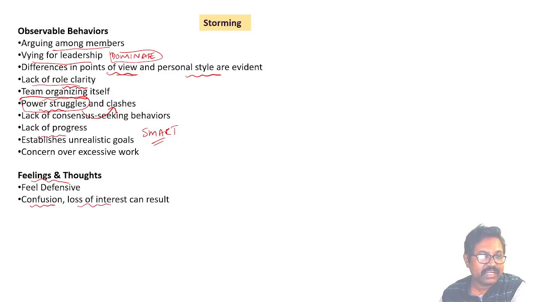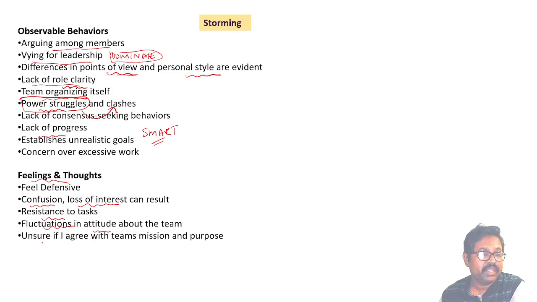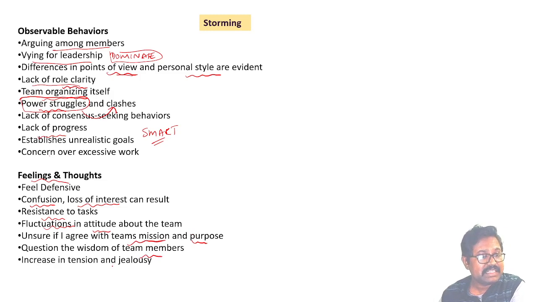There will be loss of interest, and there can be resistance towards achieving the task based on the individual's opinion, and there will be fluctuation in the mood and the attitude of the individuals within the team, and they are unsure if they agree with the team vision and the purpose, and they question the wisdom of the team members, and there is an increase in the tension and jealousy.